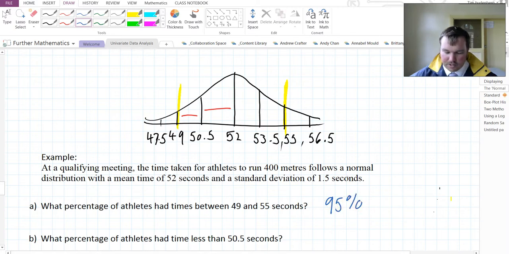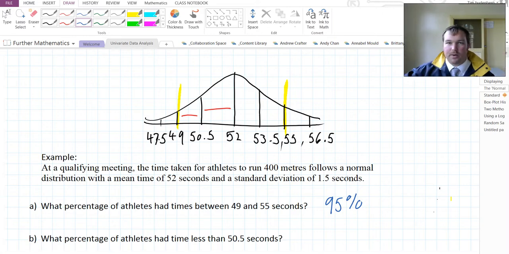Note that for further, they will always ask you about 1 standard deviation either way, or 2 standard deviations either way, or 3 standard deviations either way. They won't ask what percentage are 2.5 standard deviations above. We just go on the whole numbers of standard deviations out. And you can approximate from there on, but they will always ask on exact numbers of standard deviations up and down.